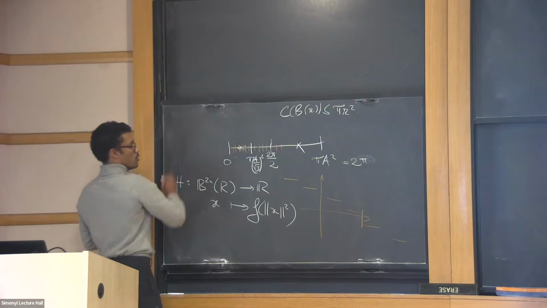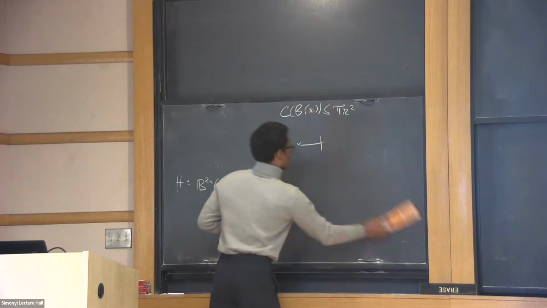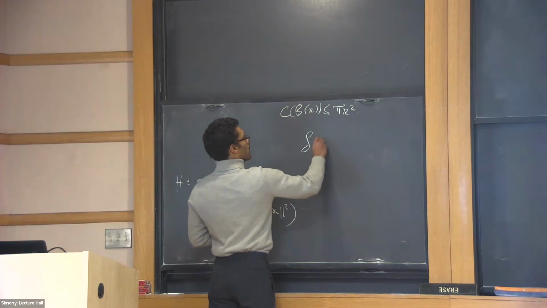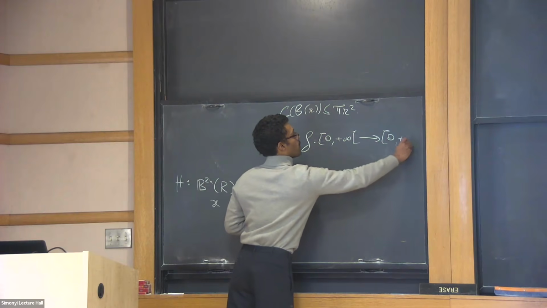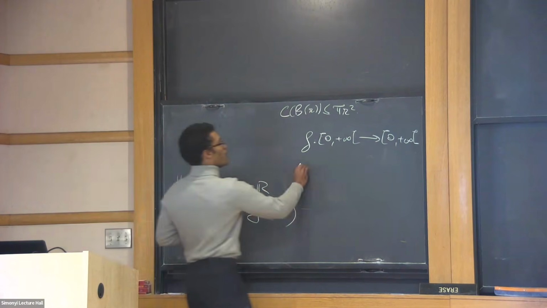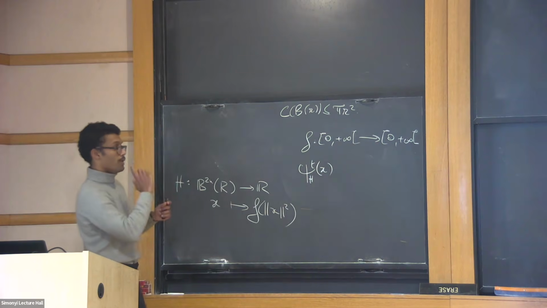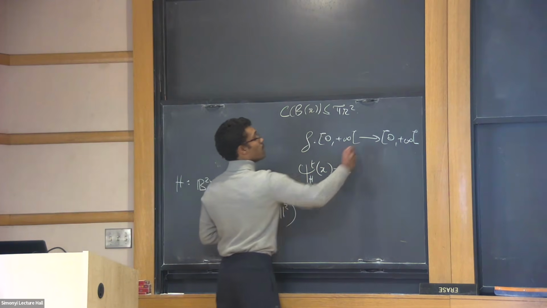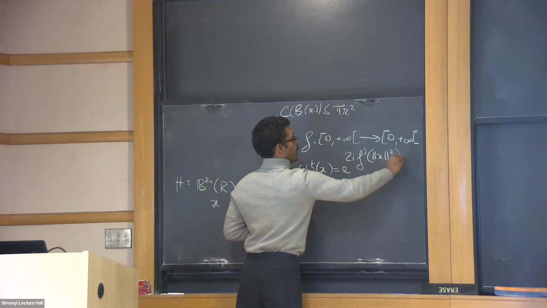So f is just a function of it. And then the flow of this Hamiltonian function will be just a rotation, exponential 2i, a rotation of speed f prime.